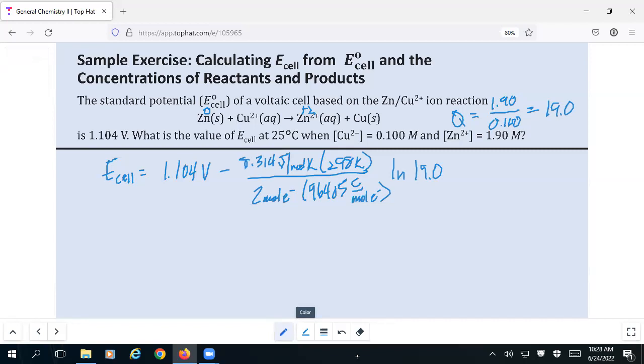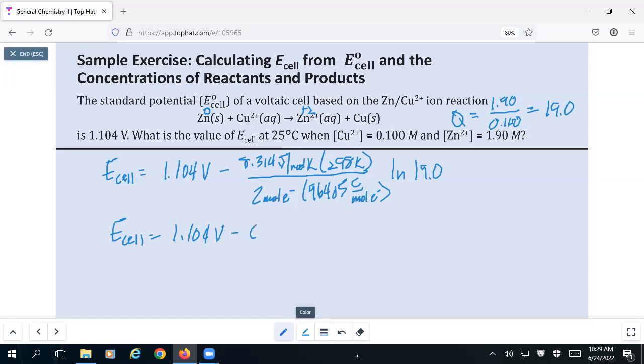If I put all of that in, E cell is going to be equal to 1.104 volts minus 8.314 times 298 times the natural log of 19 divided by 2 divided by 96,485.